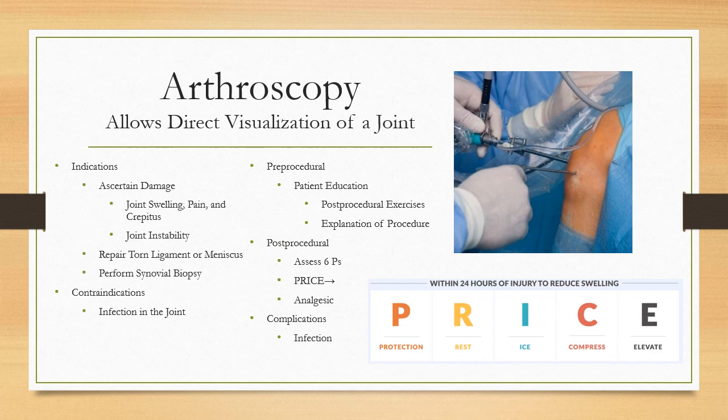That definitely would need to be treated first. Otherwise, you could introduce bacteria into the joint, which is always serious. Whenever you get bacteria within a joint, which is called septic arthritis, that is a very serious condition because there should never be any bacteria within the joint. It's a completely sterile environment.